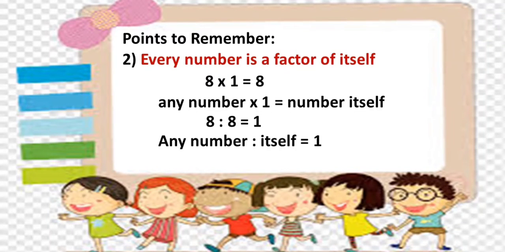Any number divided by itself is equal to 1. Jadi ketika kamu bagikan suatu bilangan dengan bilangan itu sendiri, hasilnya akan selalu menjadi 1.